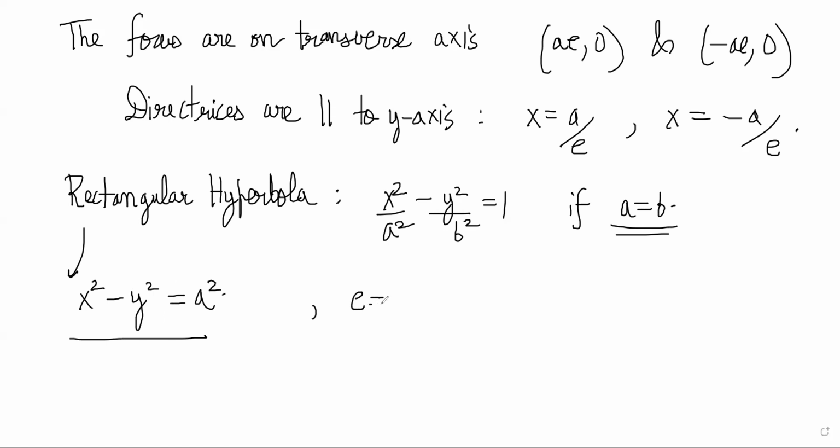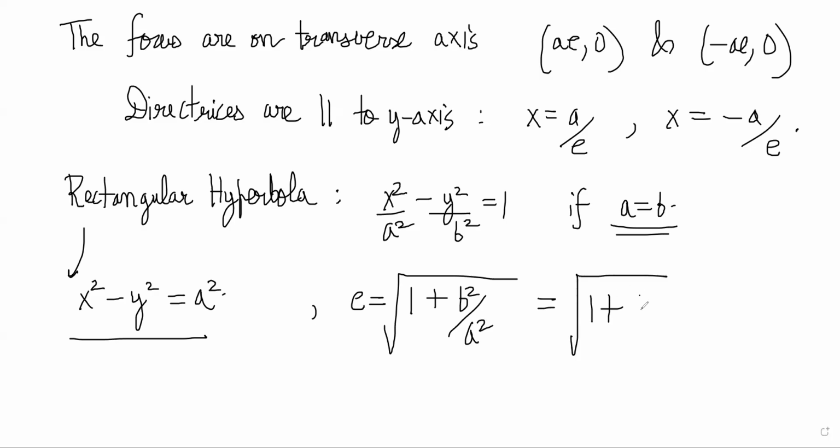And the eccentricity e becomes root over 1 + b²/a². But a is equal to b, so it is 1 + 1, so it is root 2. So the eccentricity of the rectangular hyperbola is root 2 always. The rectangular hyperbola happens when the lengths of the transverse axis and conjugate axis are equal.